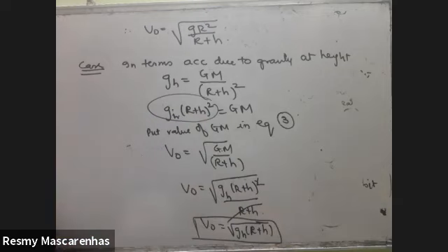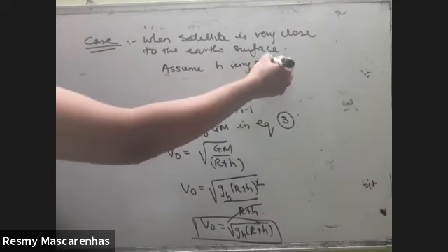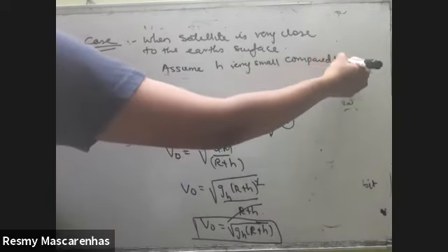In the third case, when the satellite is very close, whenever the satellite is very close to the Earth's surface, we have to assume h to be very small compared to R, the radius of the Earth.